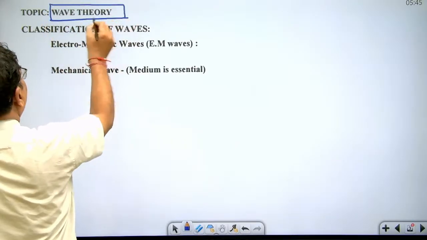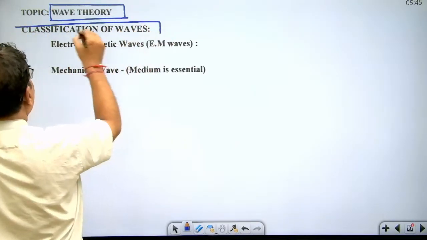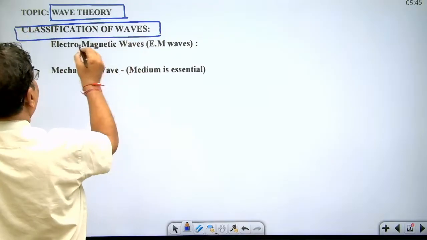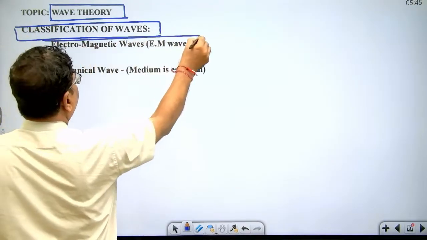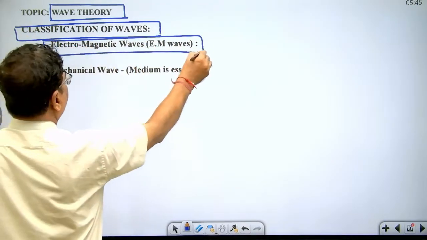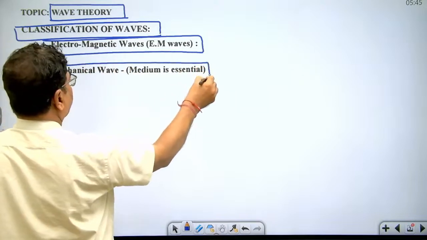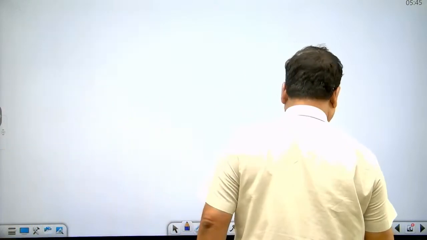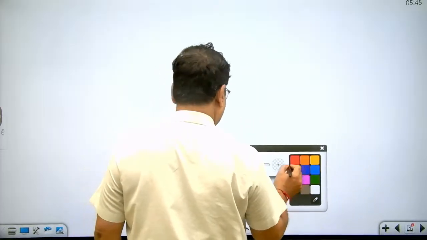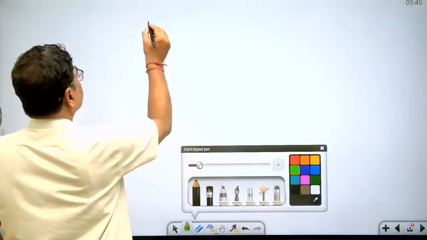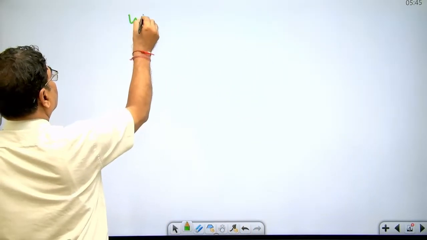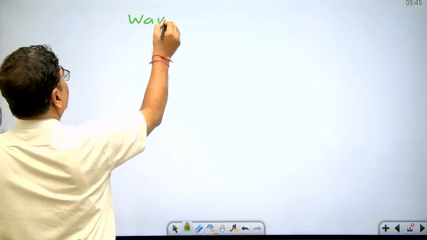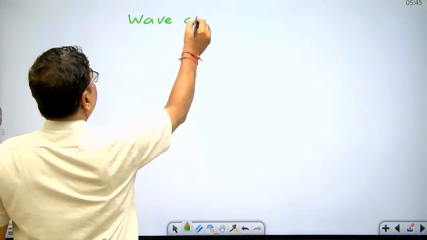Wave theory. Here we will study classification of waves. Electromagnetic waves, mechanical waves, where medium is essential. Let's start one by one. Wave classification.